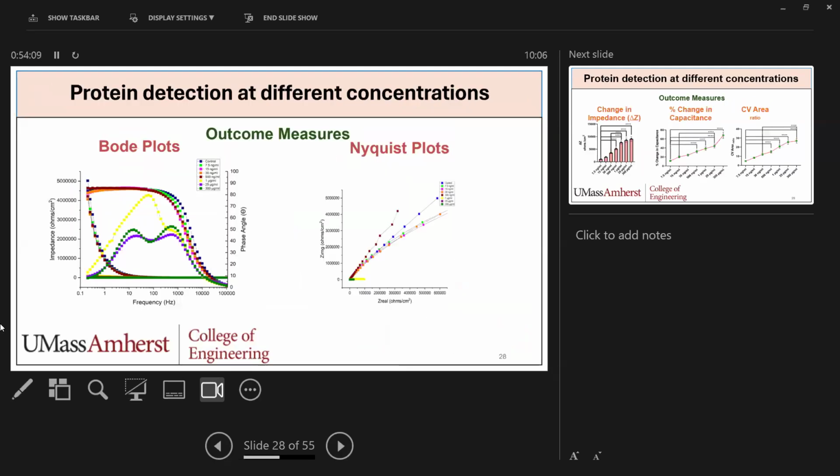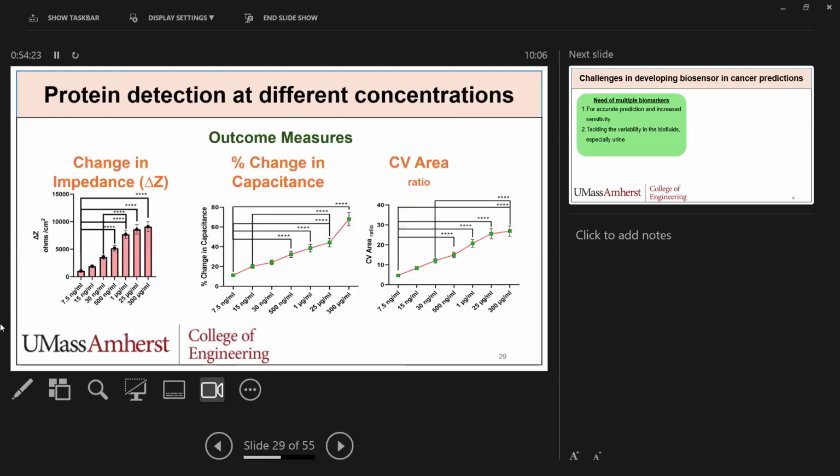So this is how it exactly looks: the Bode plot and Nyquist plot for the concentration-dependent study, just an example for you to see the changes in the response curve with concentration. And change in impedance, change in capacitance, cyclic voltammetry area.